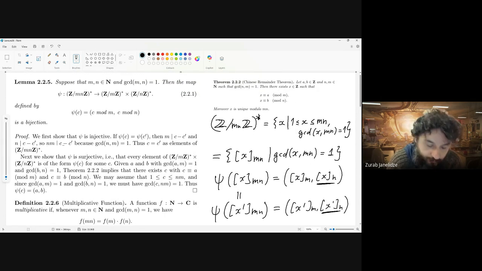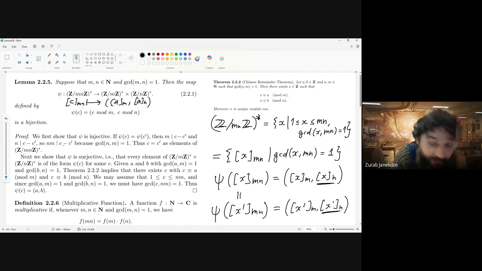But now, how do we know that this C that we found? Remember, we were looking for the equivalence class of C in here that would map to a designated element we started with in there, which was actually the ordered pair of equivalence classes of A and B. We were looking for the equivalence class of C that maps there.